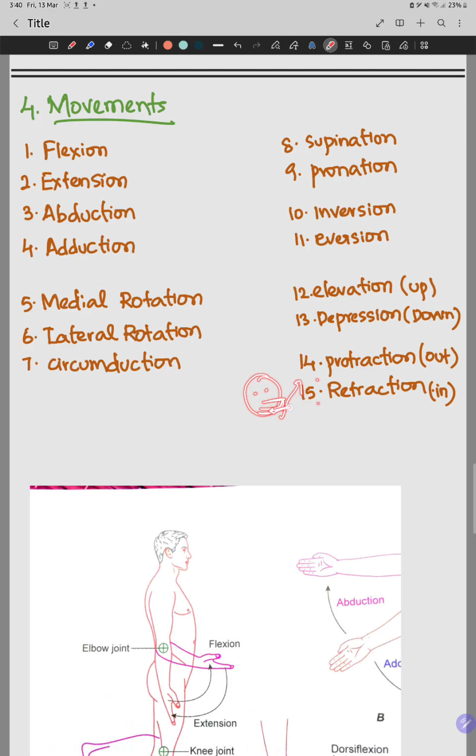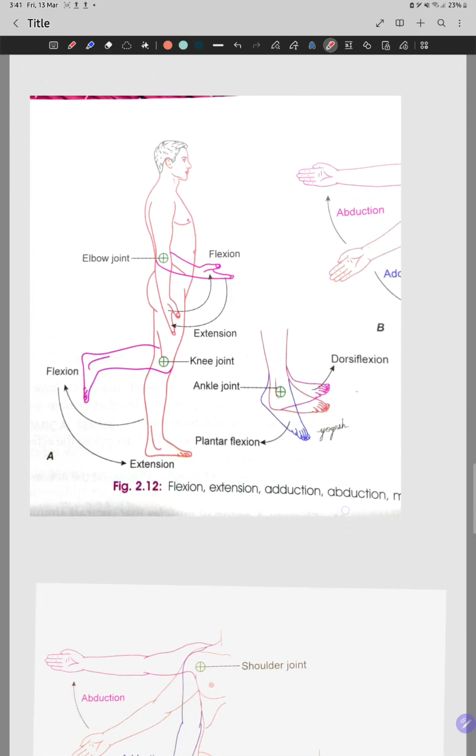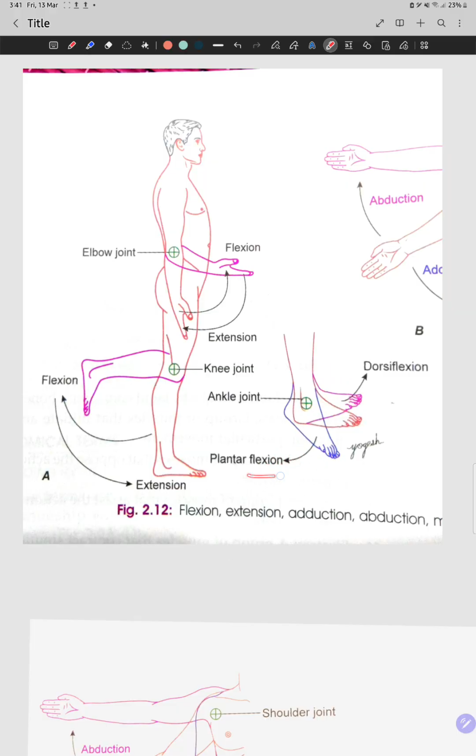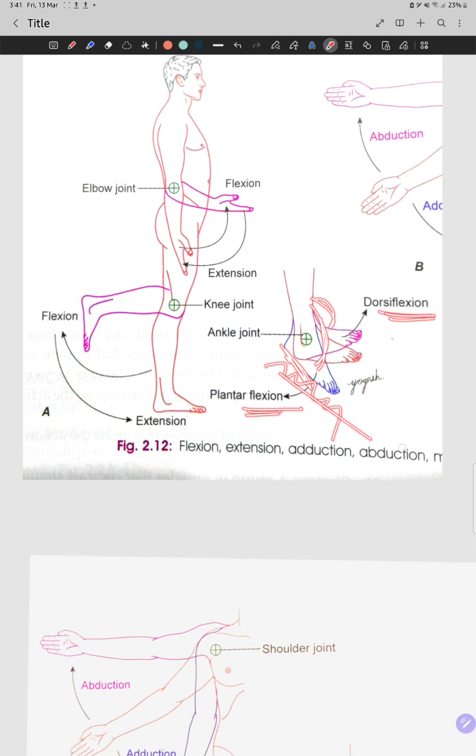When it is moved inward, it is retraction. That's it. Next, this is flexion: less angle; extension: more angle. And here there is an exception: this is also called flexion, dorsiflexion, and this is plantar flexion. This you remember: plantar, I am going to walk on the plant, that is plantar.